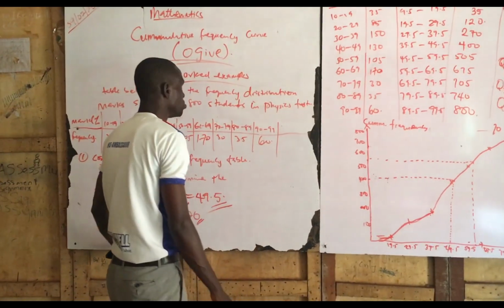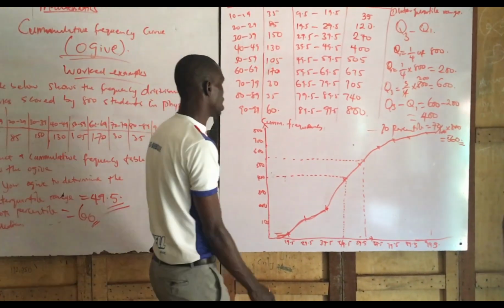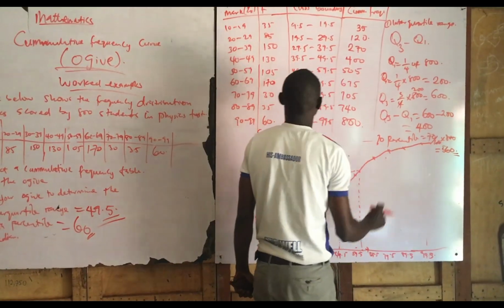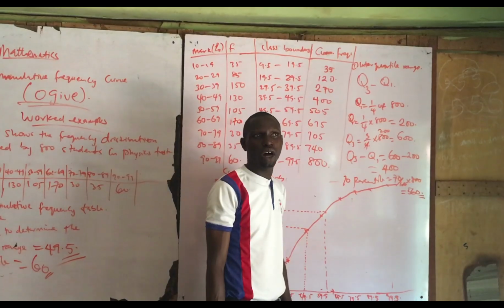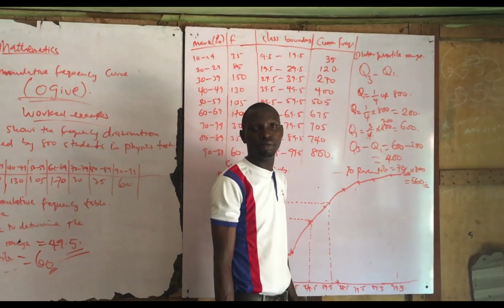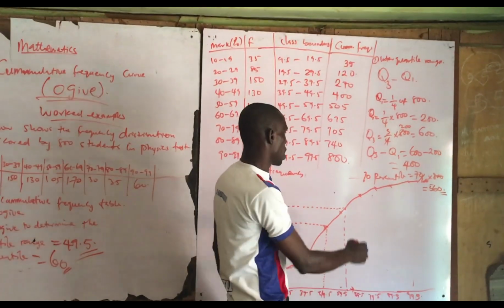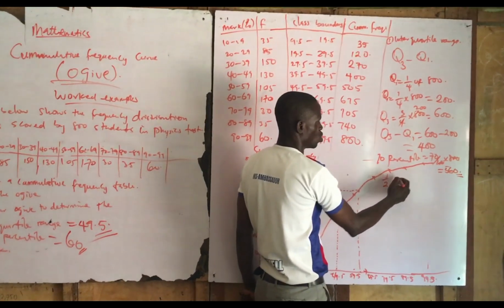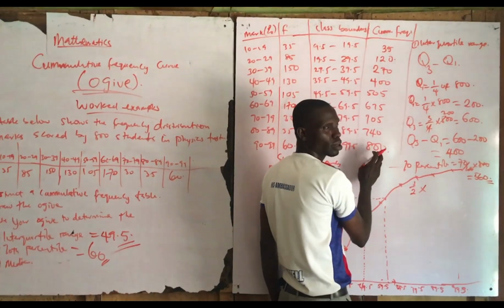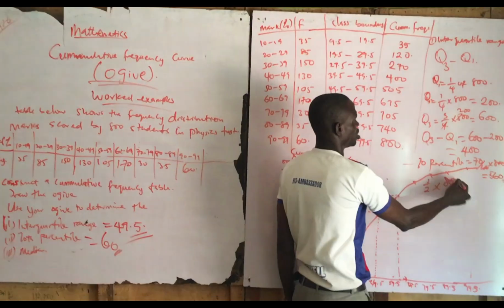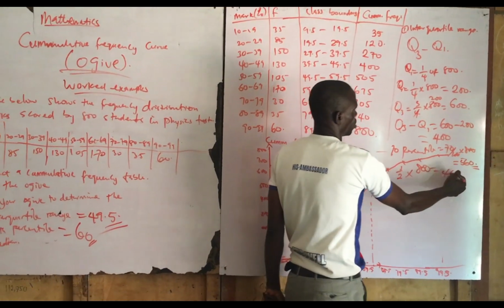Then the last one, which is the median. Median, as we all know, is the middle number. Median is 1 over 2 times the number of observations, which is 800, and that will be 400.